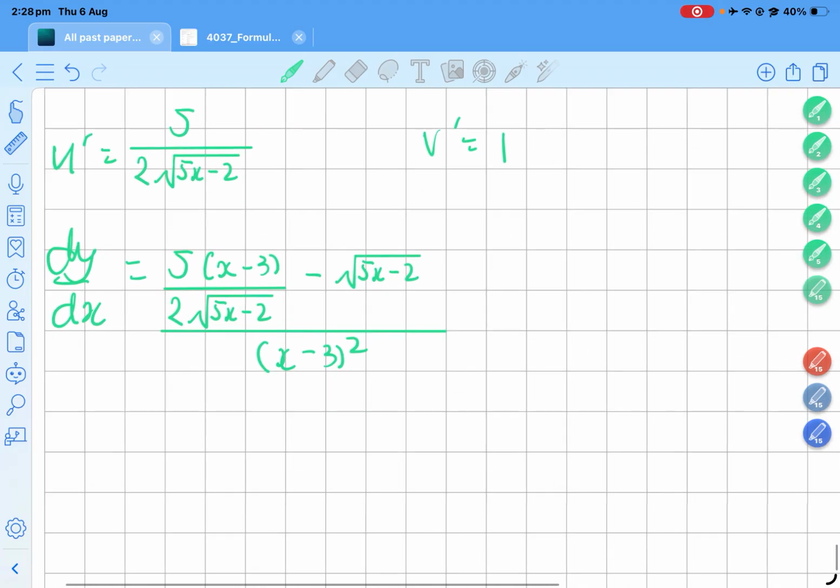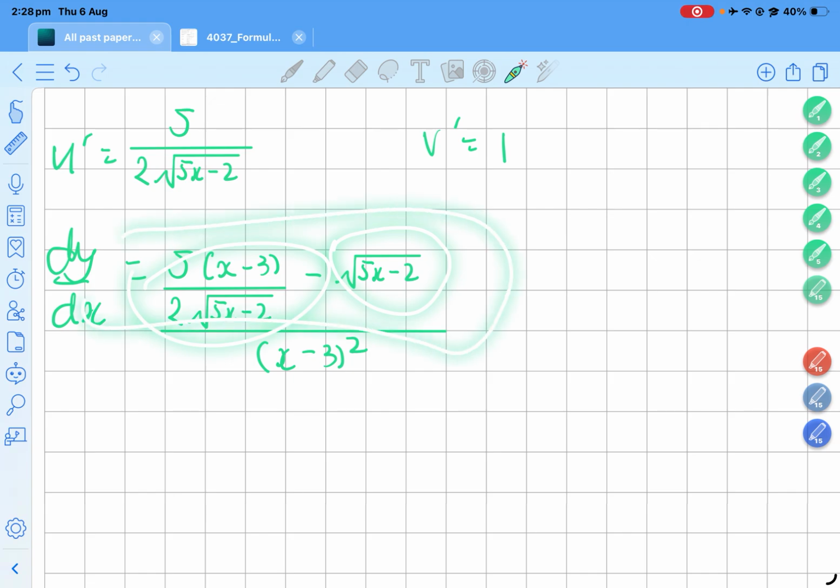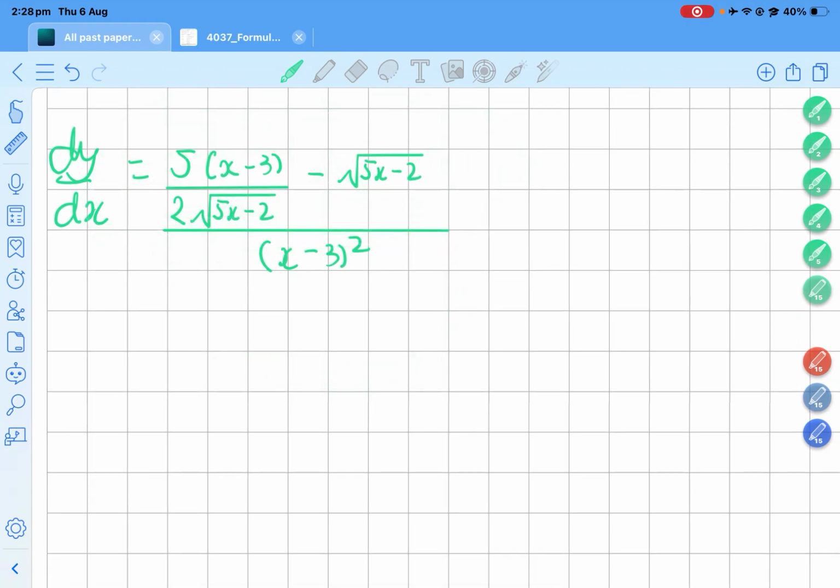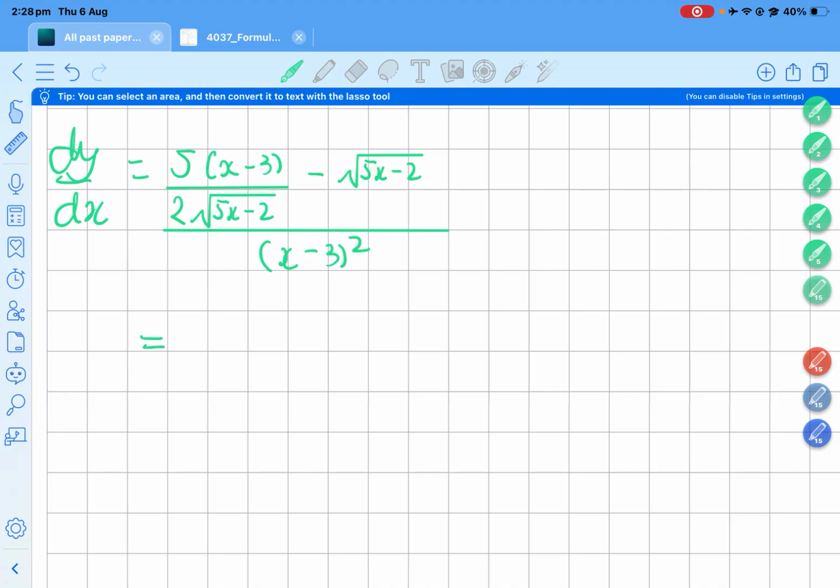So if we multiply this whole section and this whole section by the square root of this, and also by 2, most of this starts to disappear.